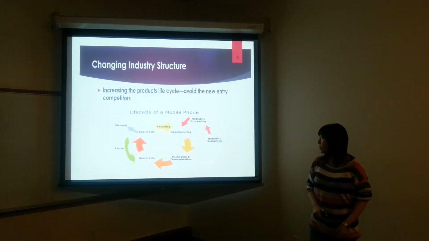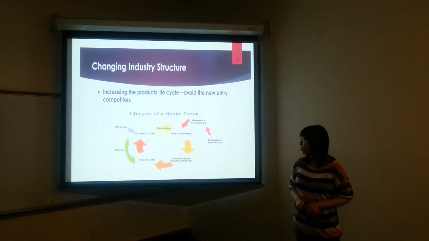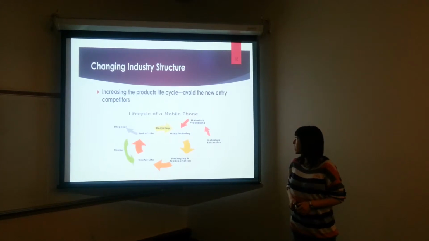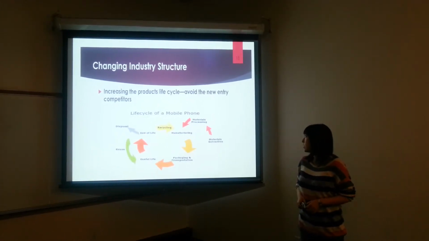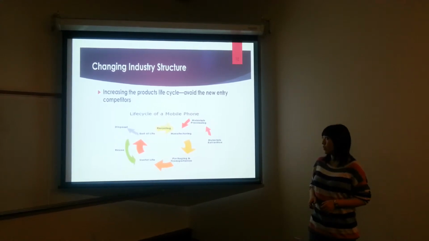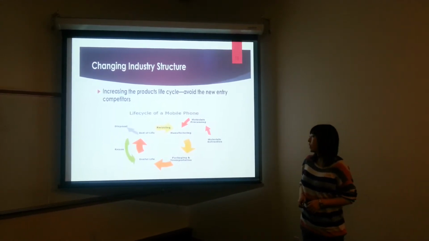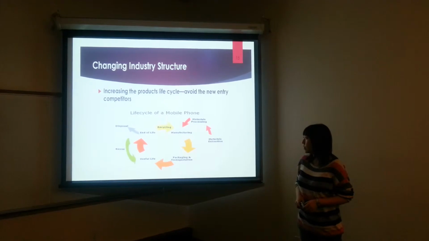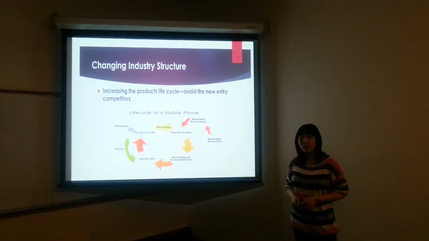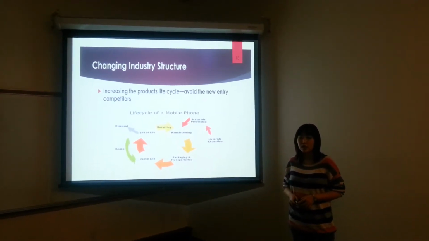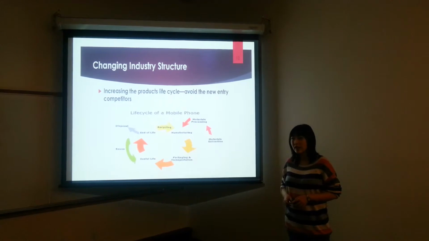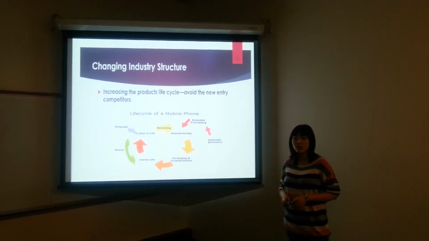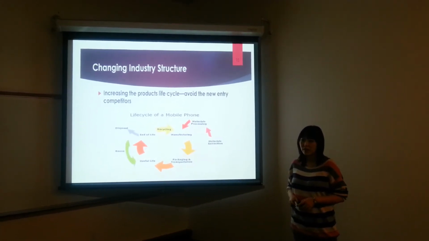Also, information technology can make the product life cycle shorter and shorter. It can avoid new entry competitors. Before, the life cycle for the cell phone was really long, because people might use a cell phone for several years. But nowadays, especially the young generation, they would like to catch up with fashion.